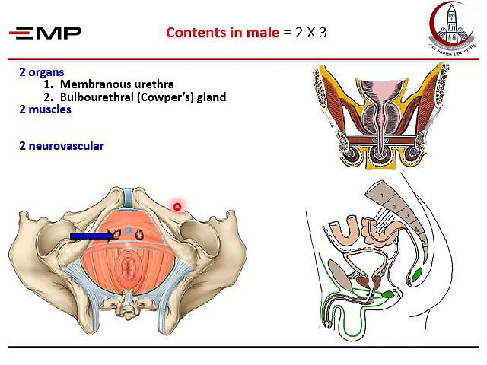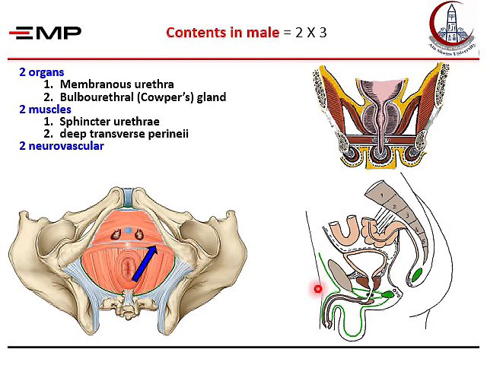We have 2 muscles in the deep perineal pouch. We have, filling the whole triangle, the sphincter urethrae here, which is the external urethral sphincter, which is voluntary, made of striated muscles, and a muscle behind here called the deep transversus perineal.